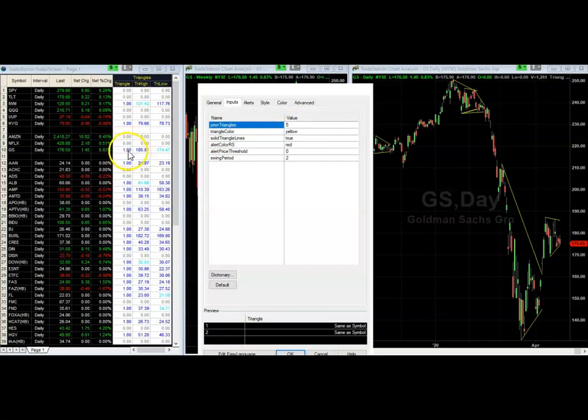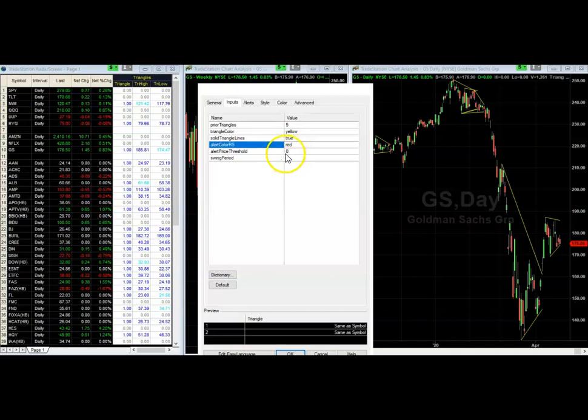You can change these to be dotted lines; if you set this to false the default is solid lines, so it's set to true. Alert color, which you saw over here: for Goldman Sachs, if the low price broke below the low, it'll be shown in red. So you can change this color.